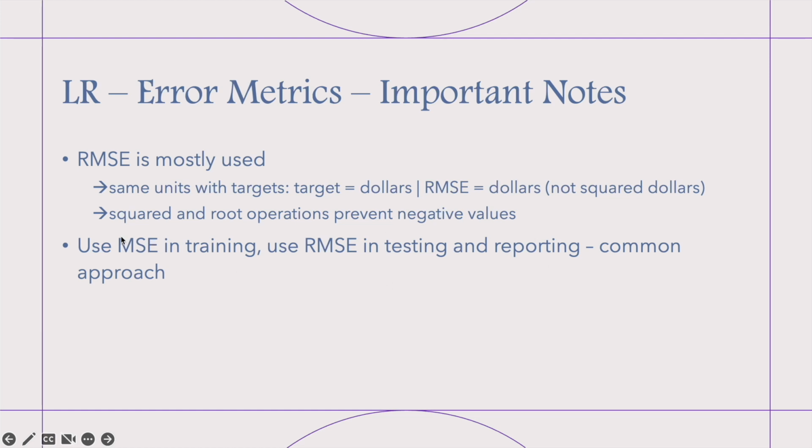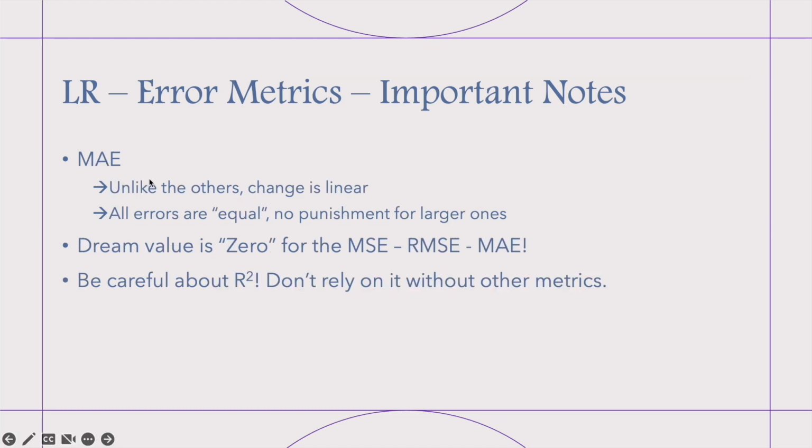But you can also use MSE in training and then use RMSE in testing and reporting. This is also a common approach. And mean absolute error, unlike the others, changes linearly and all errors are equal. Because there is no squared operation, all errors are equal. Of course, the best value is 0 for all of MSE, RMSE, MAE, and be careful about R squared. Don't rely on it without other metrics.